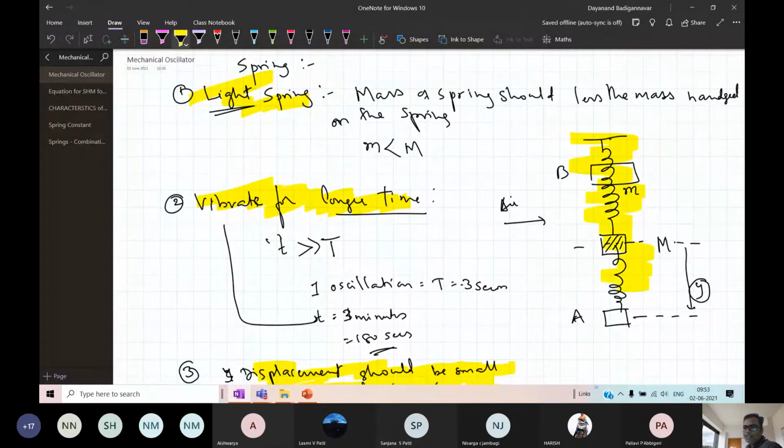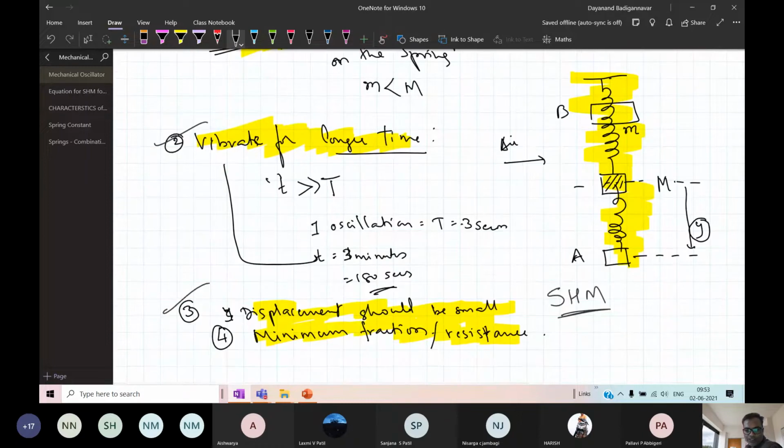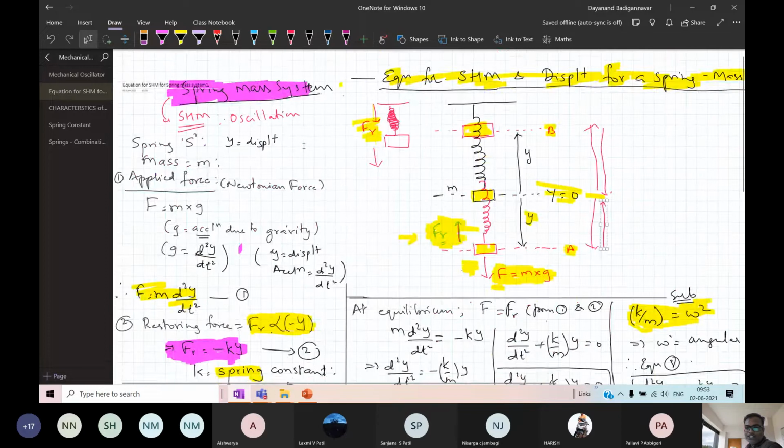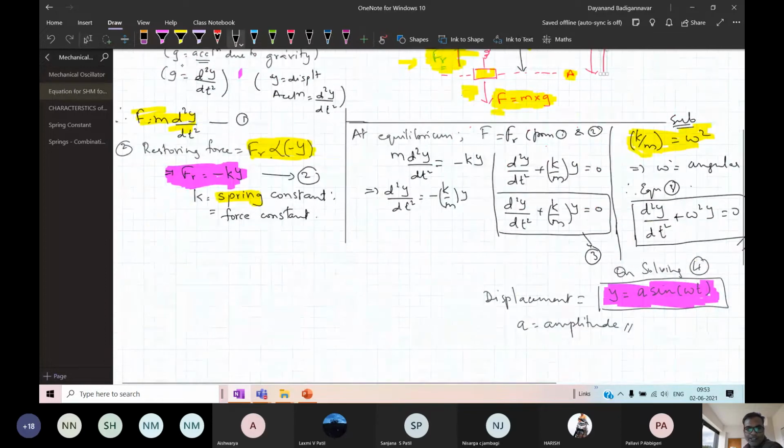You can see here, this is a spring mass system which is exhibiting simple harmonic motion. It exhibits simple harmonic motion very well, provided it is satisfying all these four conditions. We have also evaluated the expression for the spring mass system, the equation for SHM.